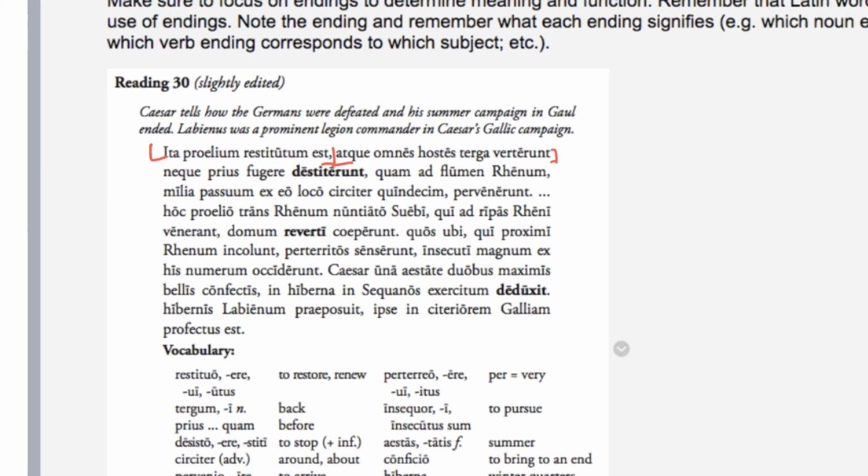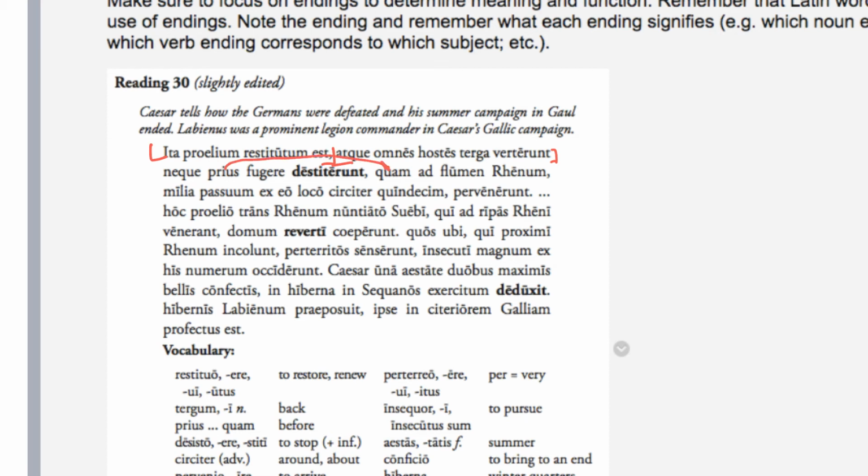Just take it from the beginning again. Thus battle was renewed, and all the enemy turned their backs, and didn't stop fleeing. So neque destiterunt, fugere, didn't stop fleeing before the river Rhine. The prius, as the note says, kind of goes with the quam here.